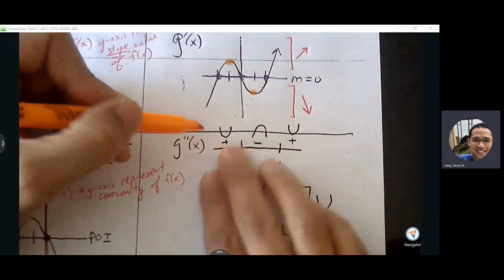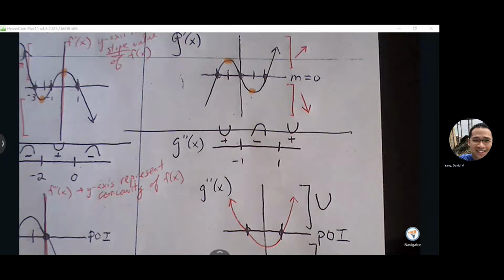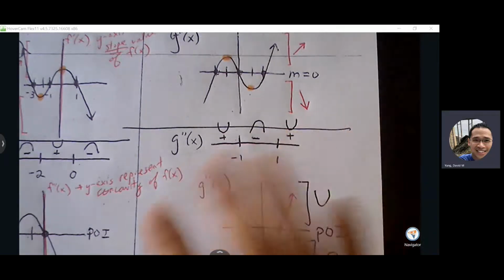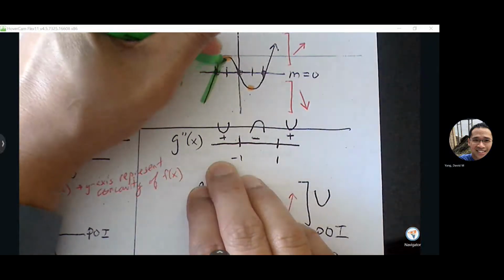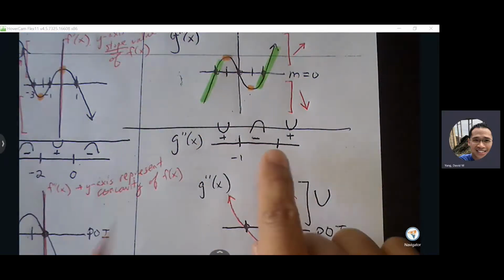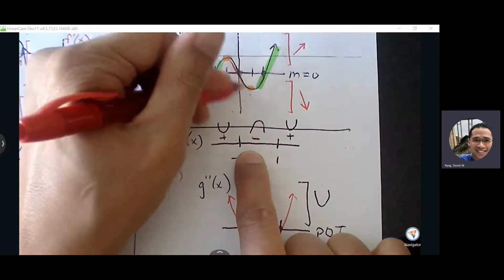And then concave up is wherever my graph is experiencing a positive slope. So concave up on the original graph is going to look like this on the derivative graph. Concave down on the original graph between -1 and 1 is going to be wherever there's negative slope.